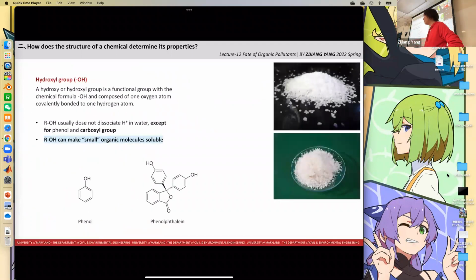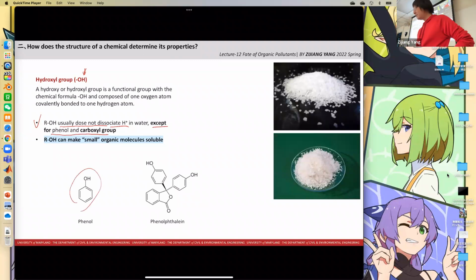The first important one is hydroxyl groups, which is -OH. I'm not going to talk about the details. If you forgot this one, you may just do your review. But here I just want to say that OH usually does not dissociate H+ in water, except for phenol and carboxyl groups.